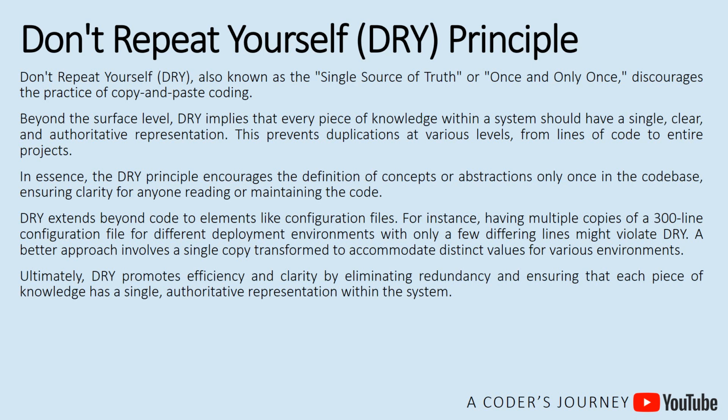Ultimately, DRY promotes efficiency and clarity by eliminating redundancy and ensuring that each piece of knowledge has a single authoritative representation within the system. So as I told you before, when you implement the thing that you want in only one single place, this means that whenever you want to make some refactorings, make some updates, there is only one single place where you need to do that update, right?